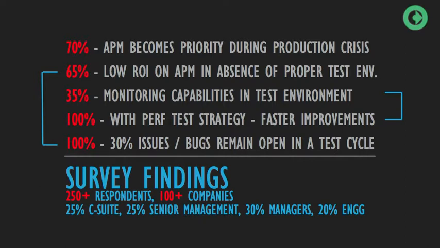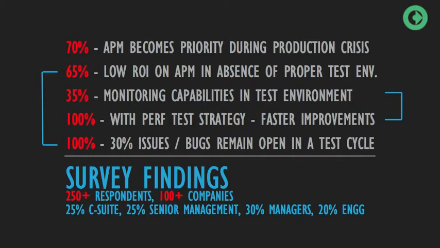Those who didn't have a proper test environment admitted that almost 30% of the issues reported from production remain open within any test cycle.